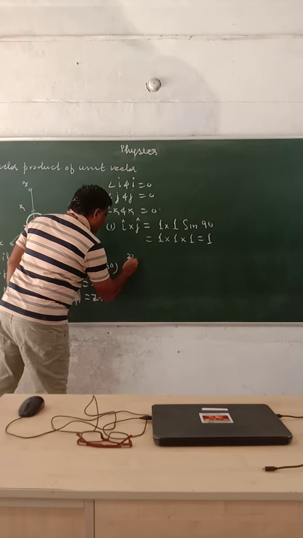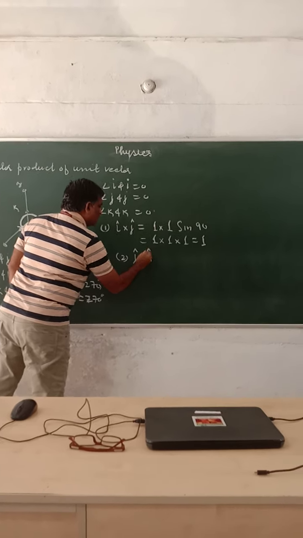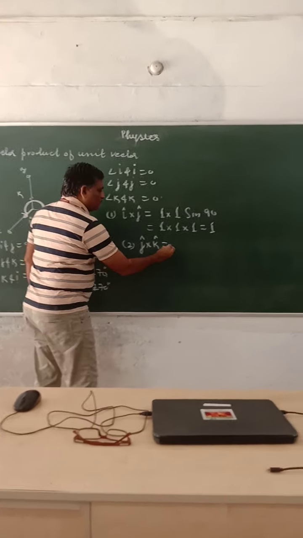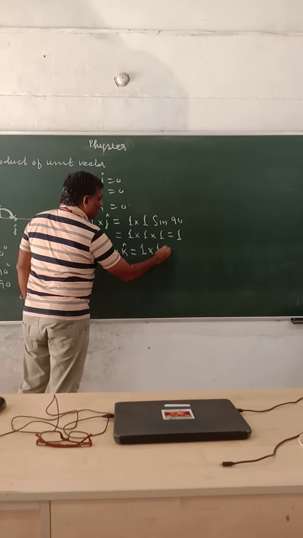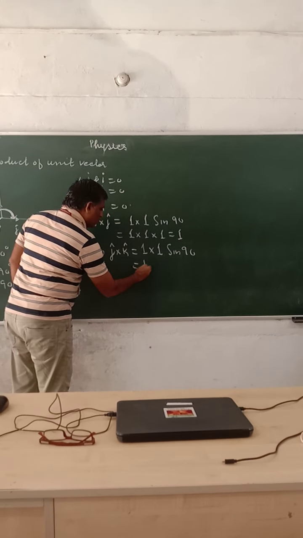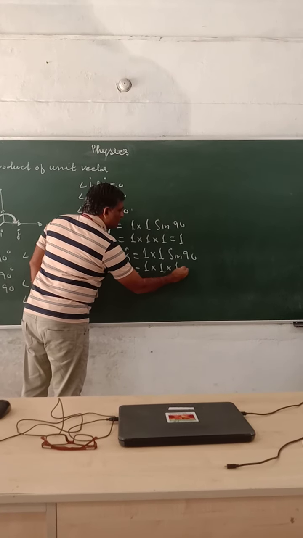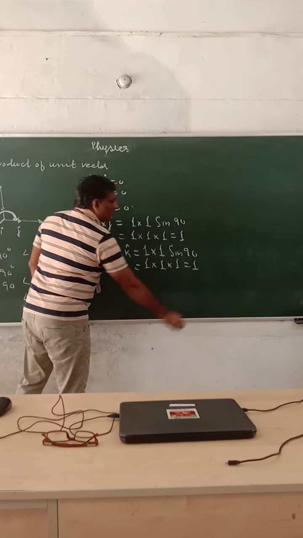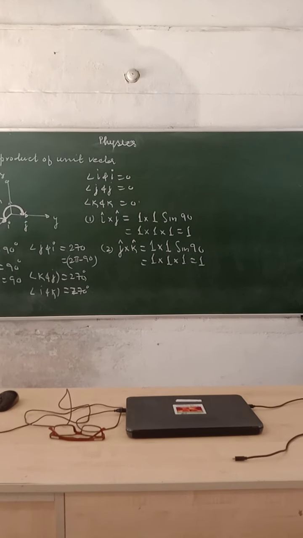Similarly, j cross k, we are taking it in cyclic order, is equal to magnitude of j is 1, magnitude of k is 1, and sine of 90, that is 1 into 1 into 1, which is equal to 1. j cross k is 1.